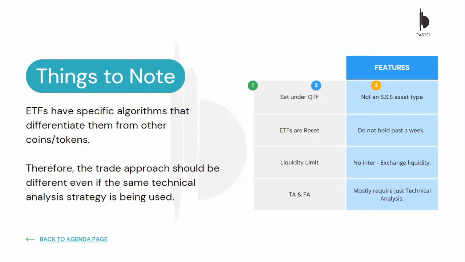But whatever form you're using to enter the crypto space, you need to understand that your trade approach towards ETF has to be different, because ETF is characteristic in certain ways. They have certain characteristics, and you need to put that in mind before trading an ETF. Okay, it's different from trading spots, all right? And some of these features is what we want to explain here.